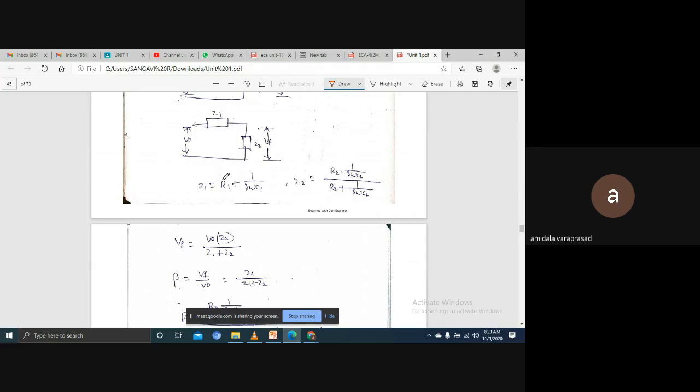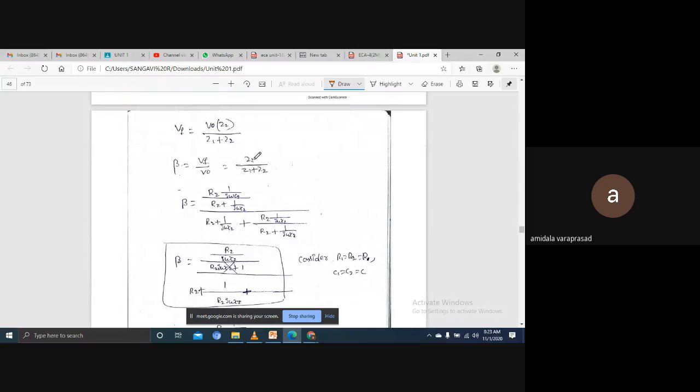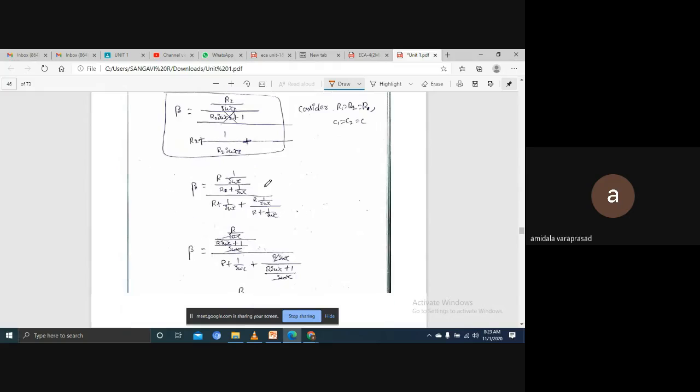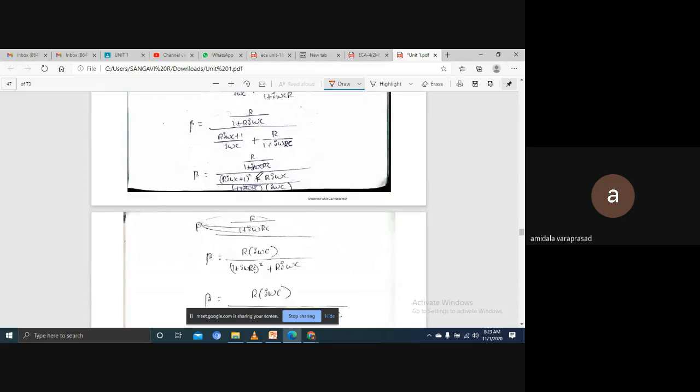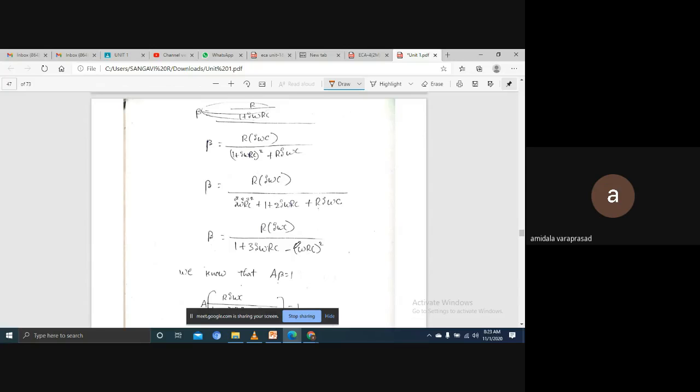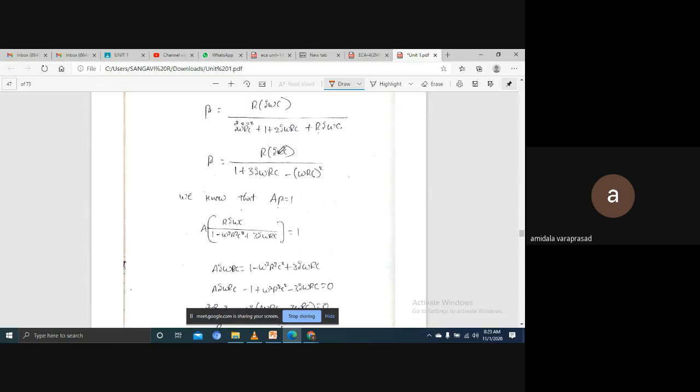We know that beta is equal to VF by V0. From this, VF by V0 is equal to Z2 by Z1 plus Z2. We substitute Z1 and Z2 here, and if you manipulate by taking the LCM, we are going to get R j omega C by 1 plus j omega RC whole square plus R j omega C. If you expand it as a plus b whole square, then we get beta equal to R j omega C by 1 plus j omega RC plus omega RC whole square.